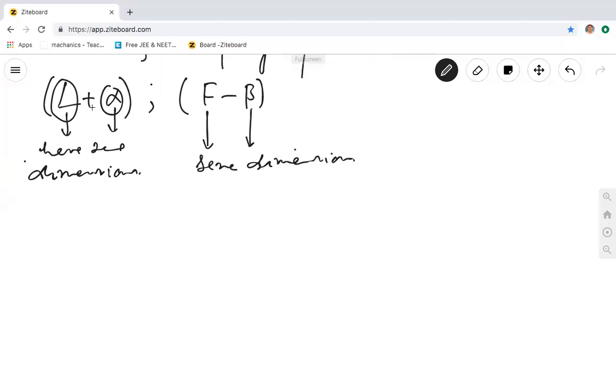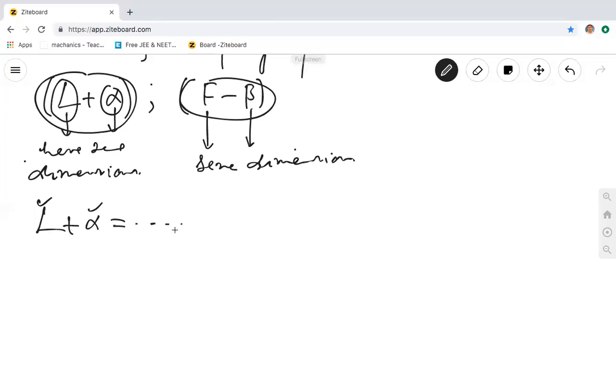Okay, so you can add two quantities, you can subtract two quantities only when they have the same dimensions. Is that right? Yes, sir. And they give rise to the same dimension. Suppose L plus alpha, both have the same dimension, is equal to something.